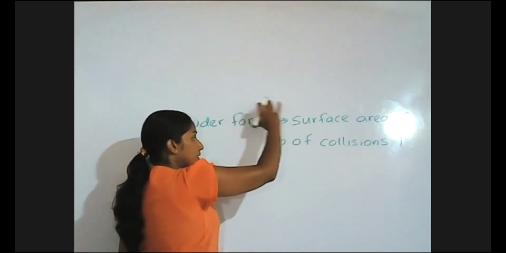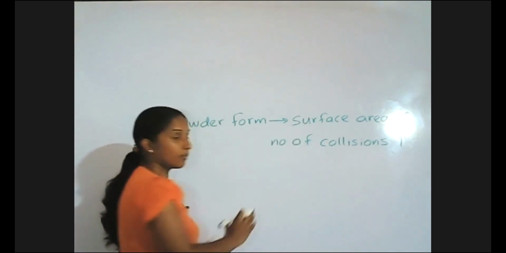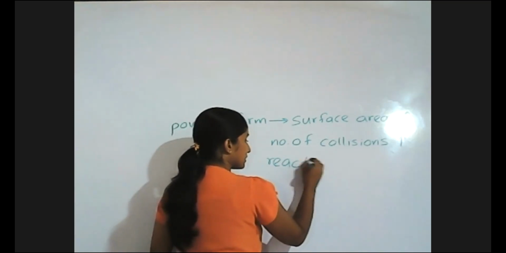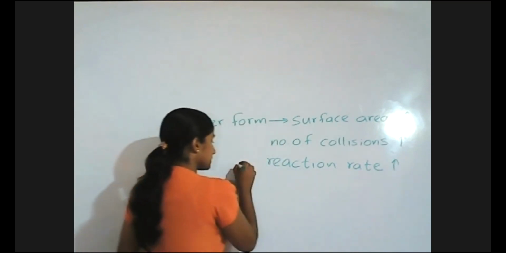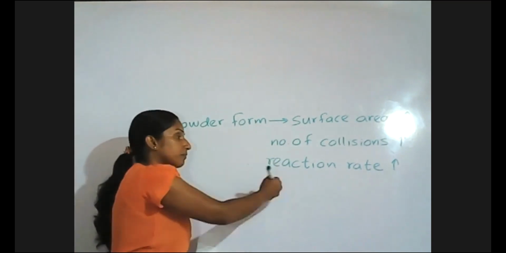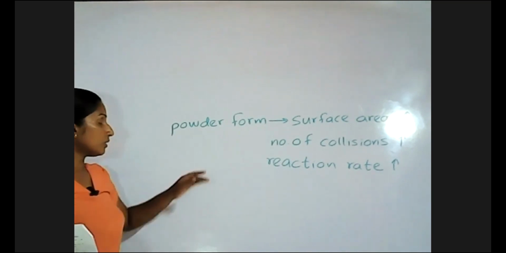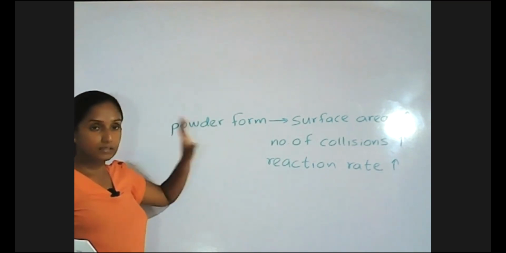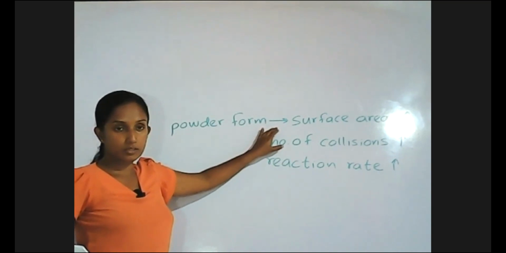In powdered form, surface area increases. Because of the increase of that, the number of collisions increases, so that the reaction rate increases. That is how you have to explain briefly with giving reasons. If you are writing that the reaction rate increases, you have to give the reasons.